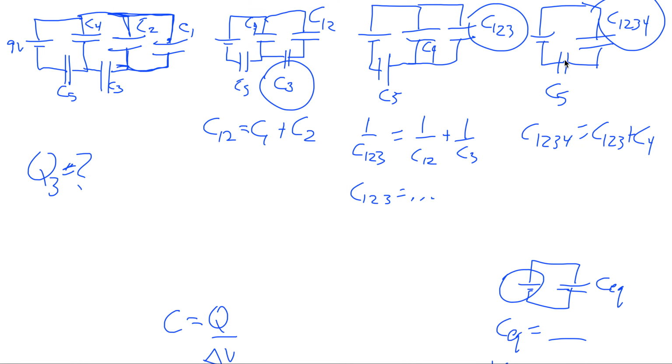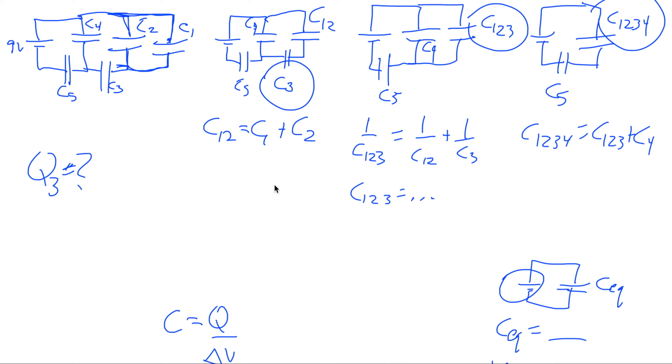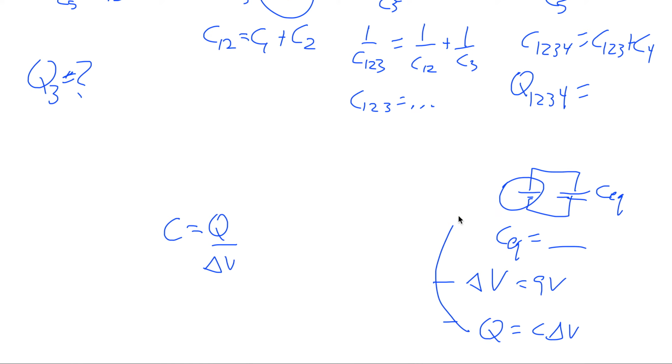Well, these were in series to get to C equivalent. So you go back to your equations. When you're in series, you see that it's the charge that is the same. So that's what you're going to bring back. You're going to say, okay, that means that the charge on C1234 on this capacitor is whatever charge that I found here.